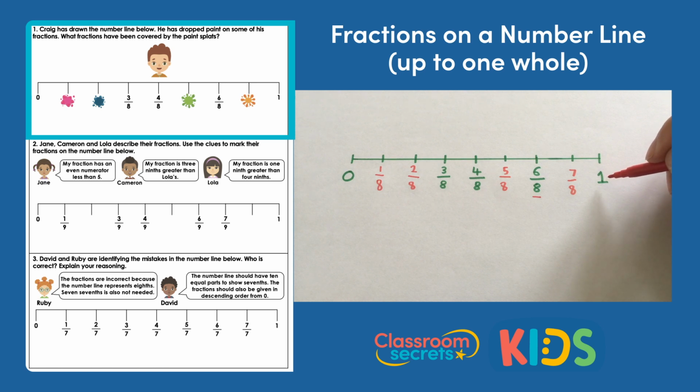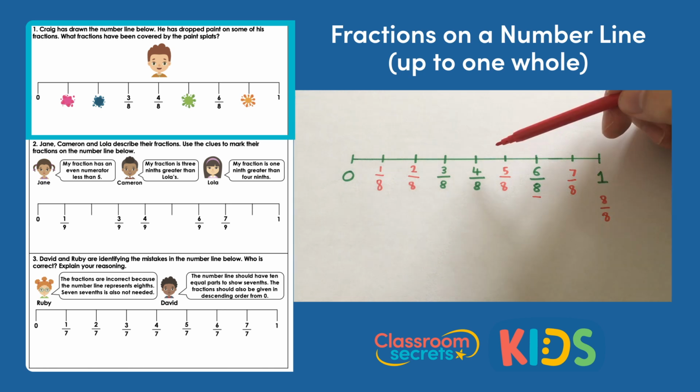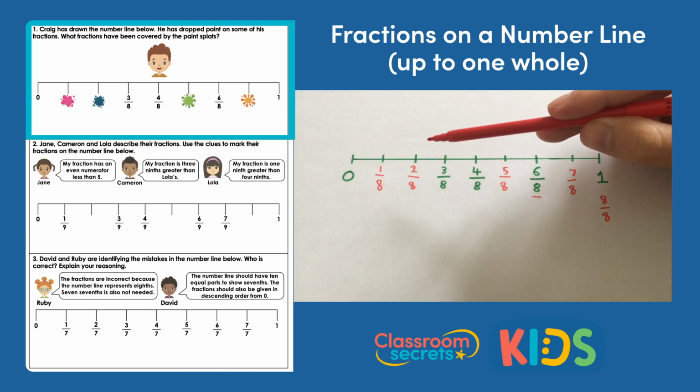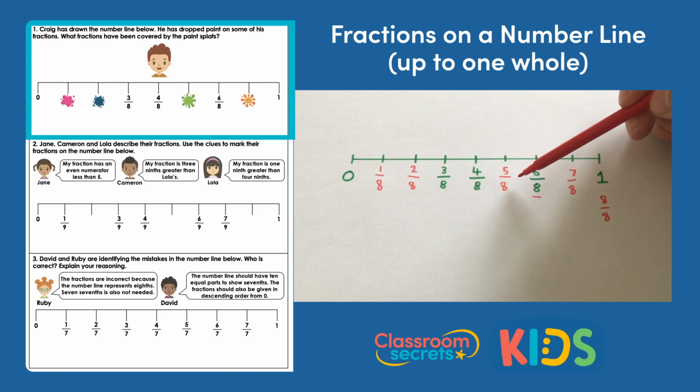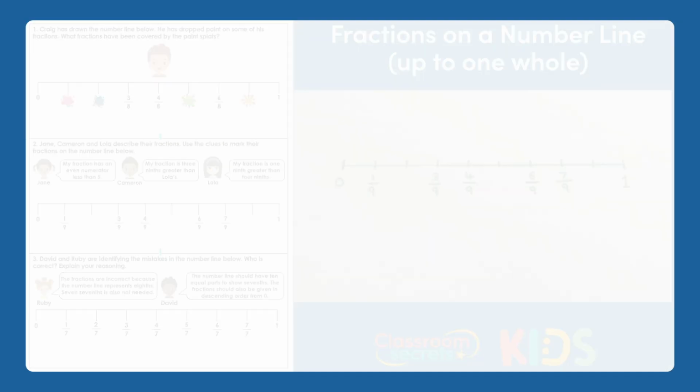The whole, the one whole, is the same as 8 8ths. All 8 parts make up the whole. So those are your missing numbers: 1/8, 2/8, 5/8 and 7/8.